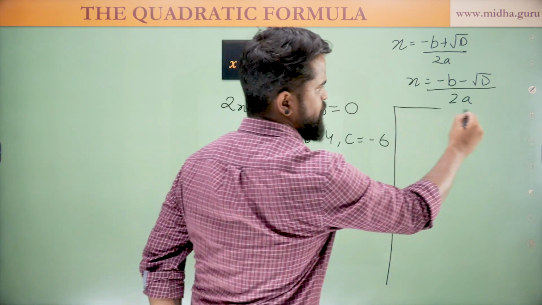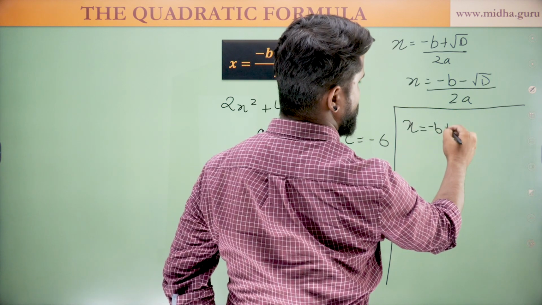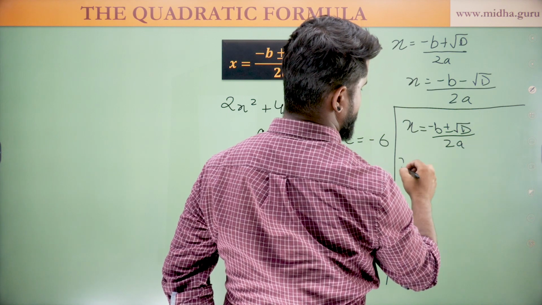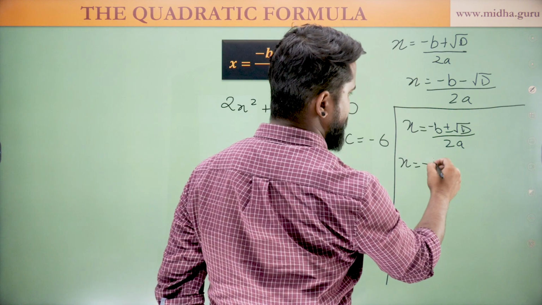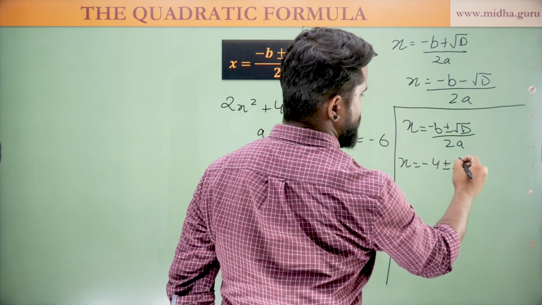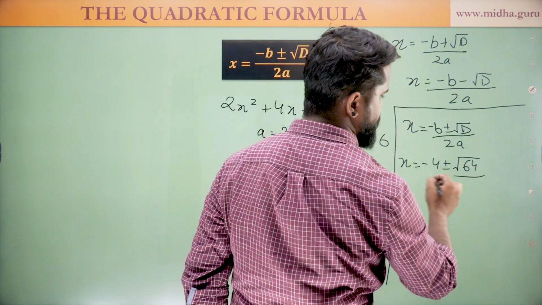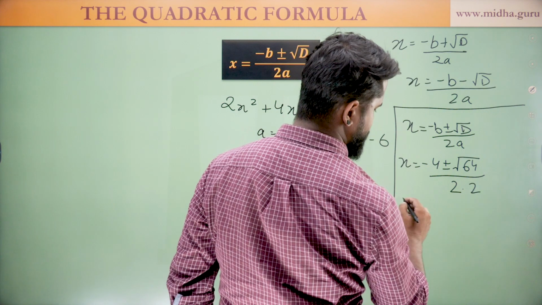Now I apply the quadratic formula: x is equal to minus b plus or minus the root of d, by 2a. As b is 4, we say minus 4 plus or minus the root of d, which we got to be 64, by twice a, which is 2.